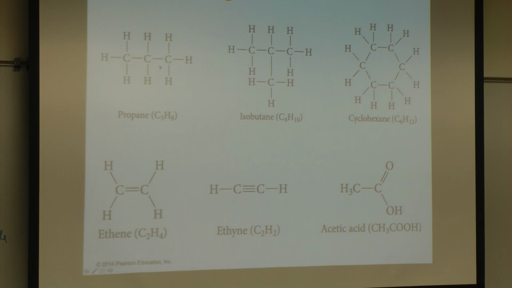You can make octane, in our fuel, which will have eight carbons. But then it can also make rings, right? Because when you have all this stretched out like that, with certain combinations, you could form, instead of hexane, a cyclohexane. So carbon bonding is really cool.